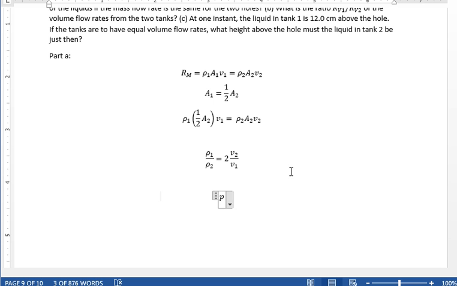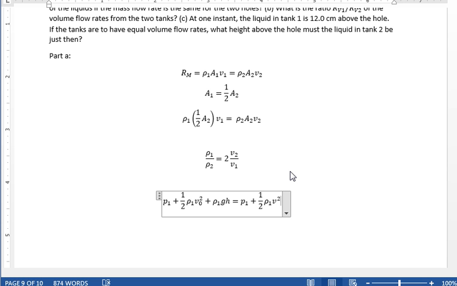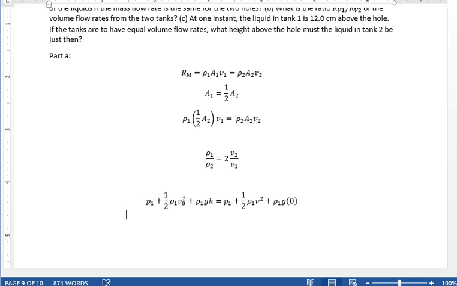So the pressure at the top on tank 1 plus 1/2 rho 1 times its velocity at the top squared plus rho 1 times g times the height above the hole equals the pressure at the top, the external pressure, which is the same because we have a hole, so it's the same as before, and now we have again rho 1, v squared coming out of the hole plus rho 1 g, and now h down here is 0.